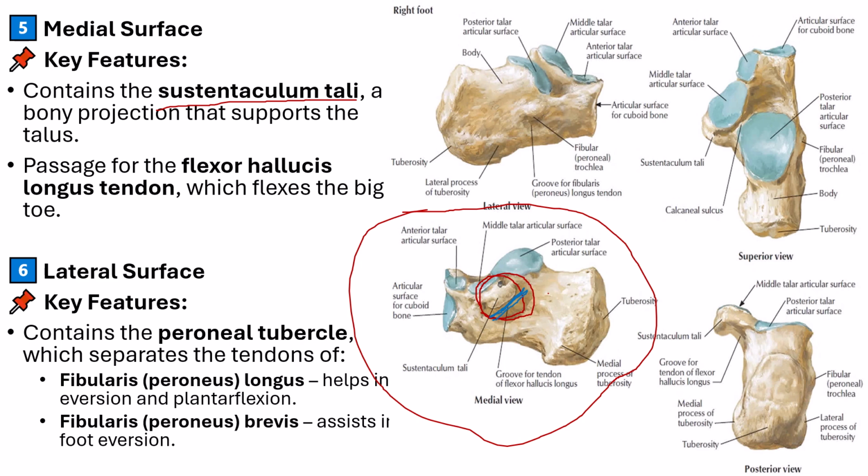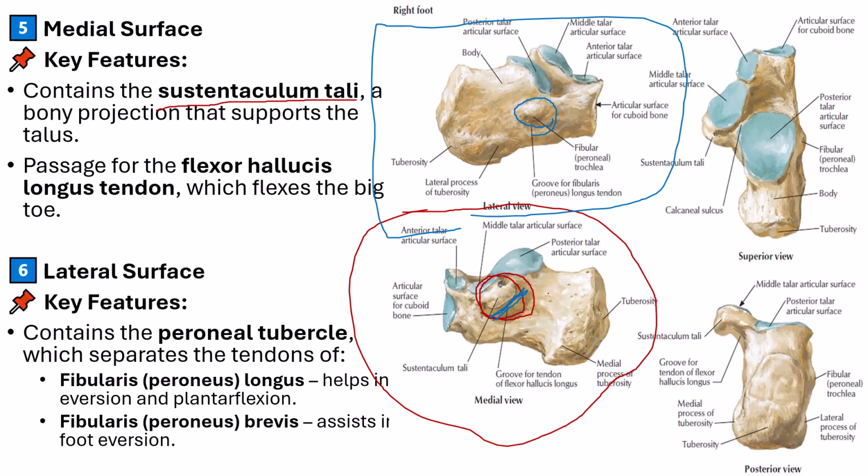In the lateral surface, in the first image, we can see that the lateral surface of the calcaneus features a small bony prominence called the peroneal tubercle.